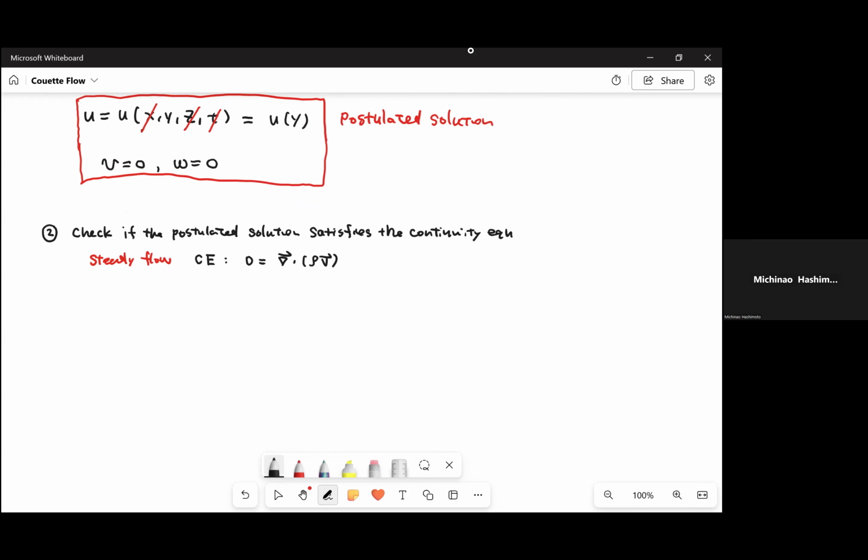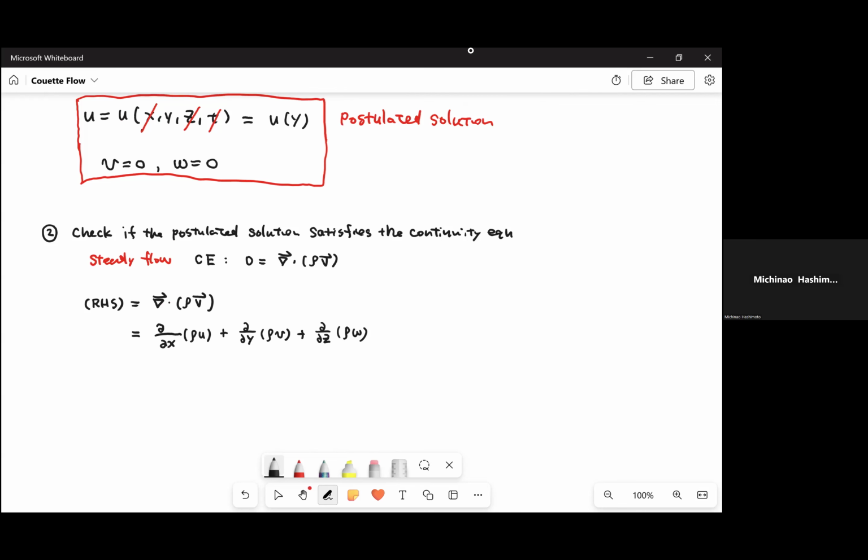Let's say the right-hand side of the continuity equation is nabla dot rho v. Let's write this explicitly. This has three components: d/dx of rho u, plus d/dy of rho v, plus d/dz of rho w.